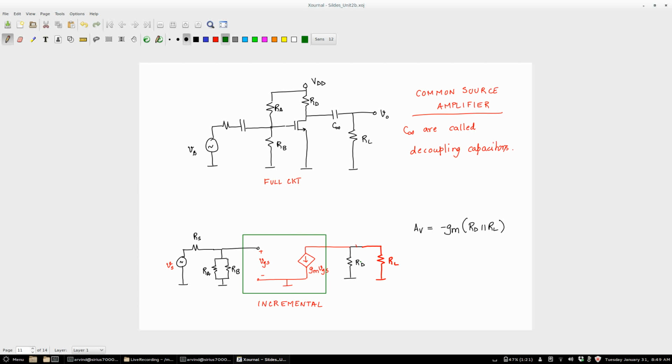Right? Do you all understand how we got to the bias circuit? So now everyone understands how to get to the common source amplifier.